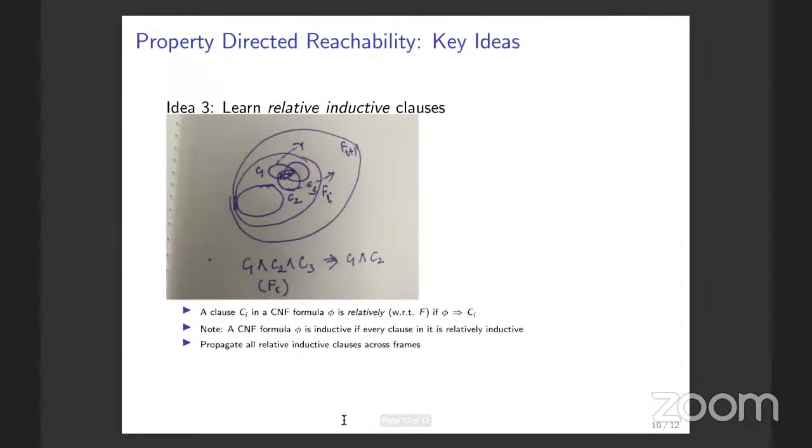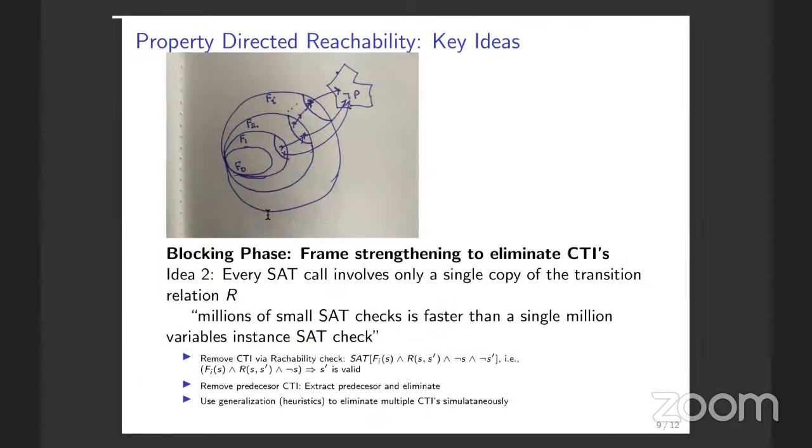The third thing I will end with very soon is that in doing this, there is also a forward propagation phase. The backward blocking phase always identifies and extracts a counterexample to induction and then eliminates it by strengthening each frame by the negation of the counterexample to induction, unless of course it ends up going all the way back to hitting F0, in which case it will end.